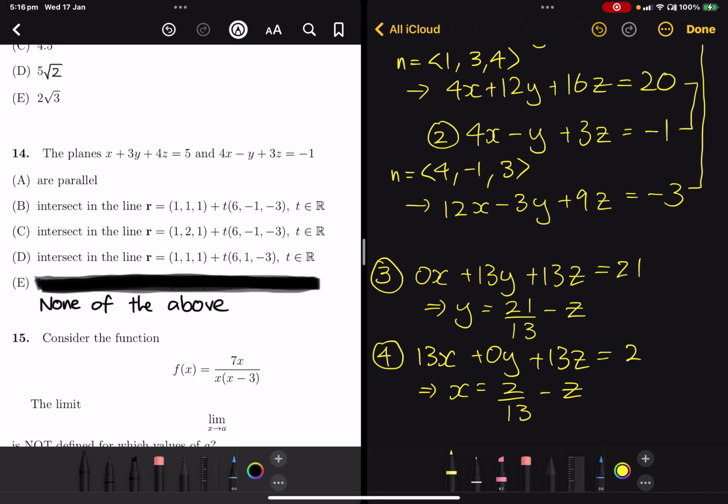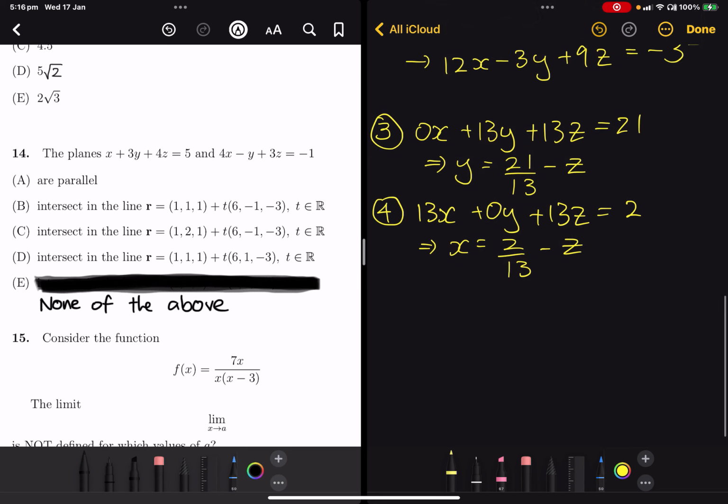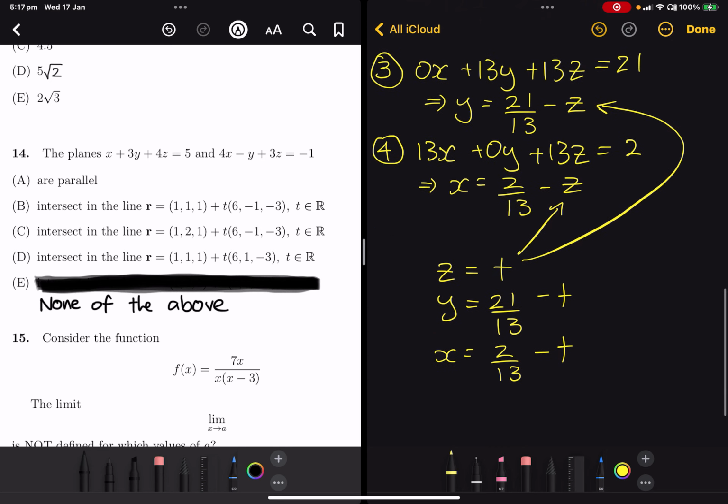minus z. So now we have two equations which are a function of z, and z is essentially a free variable. So what we're going to do is we're going to say z is equal to t, y is equal to 21 on 13 minus t, and x is equal to 2 on 13 minus t, because remember z has been replaced with t. This z became a t, this z became a t, this was our free parameter in this case.